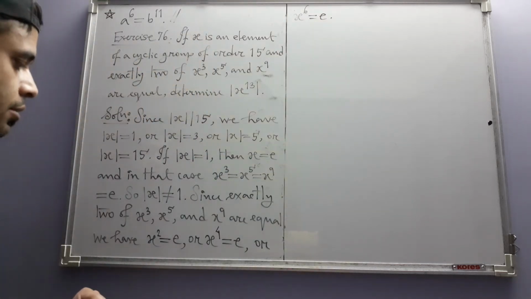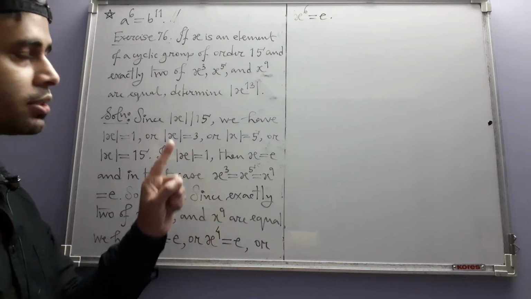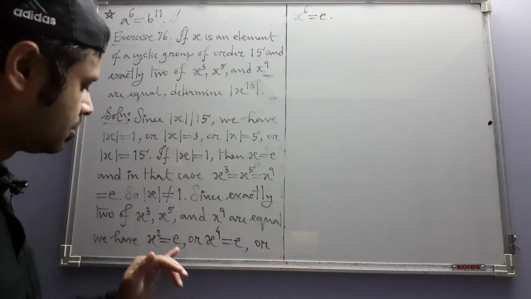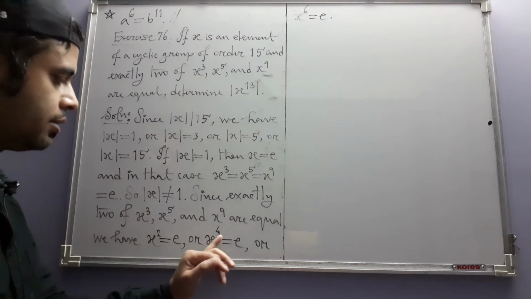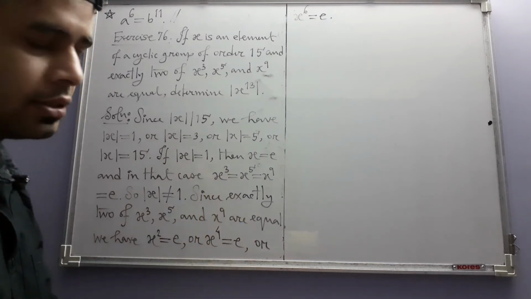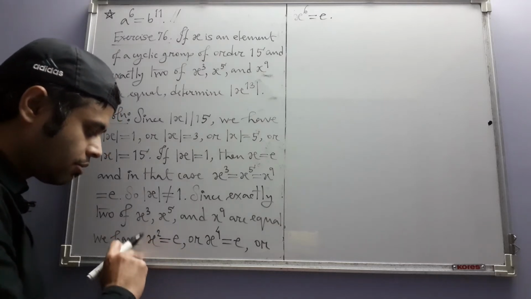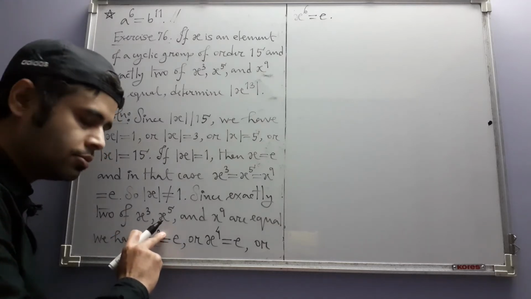Okay, so that means in our group one of these 3 equations must be true. Either x square is identity, or x to the power 4 is identity, or x to the power 6 is identity. If this is the case, then the order of x should divide 2.